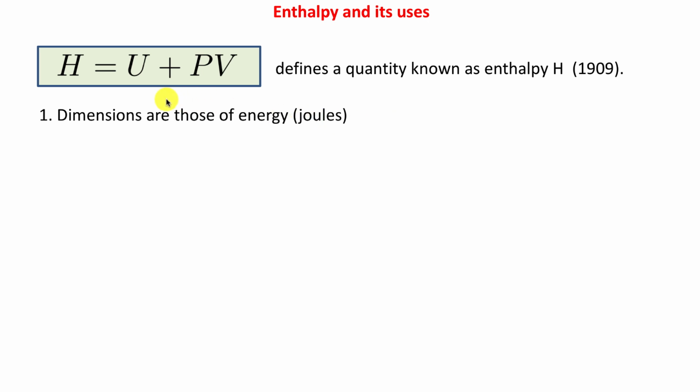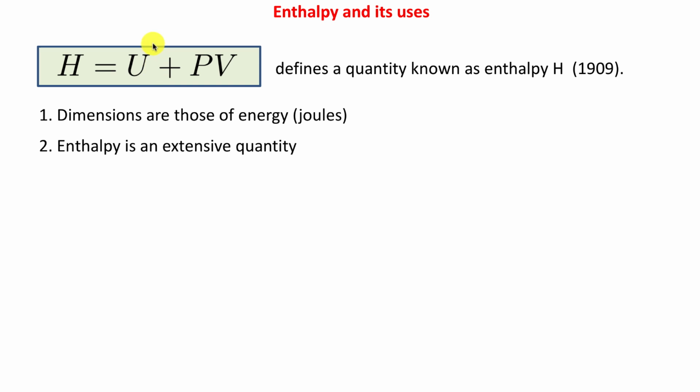Let's see what we can say about H. First of all, it's pretty obvious that its dimensions are those of energy, because you're adding energy to energy, joules. Secondly, it's an extensive quantity. So just like heat capacity doubles when I put twice the mass, similarly, the enthalpy will double.